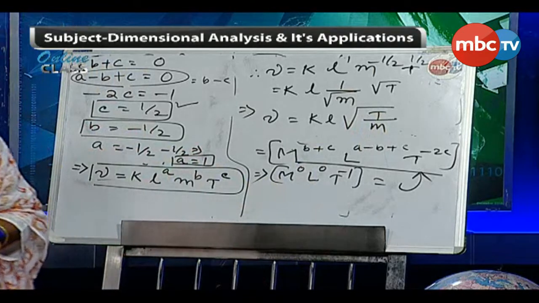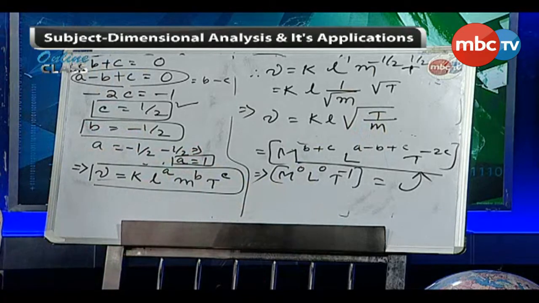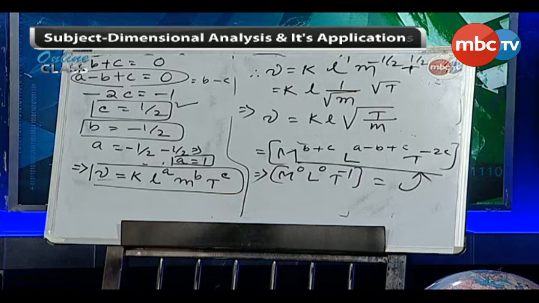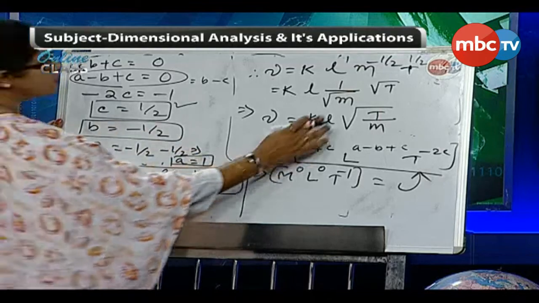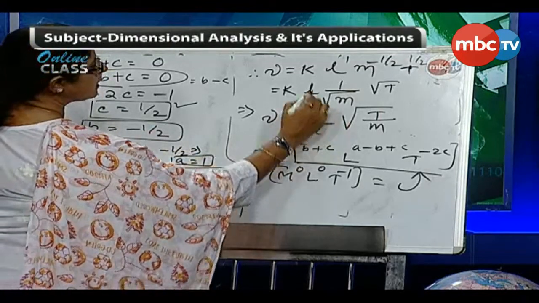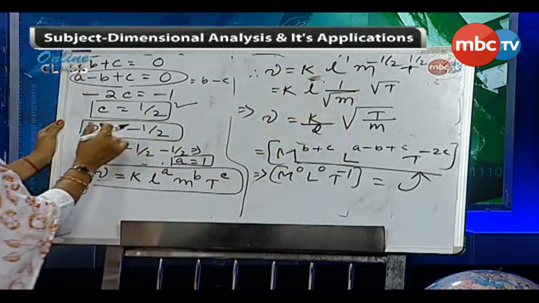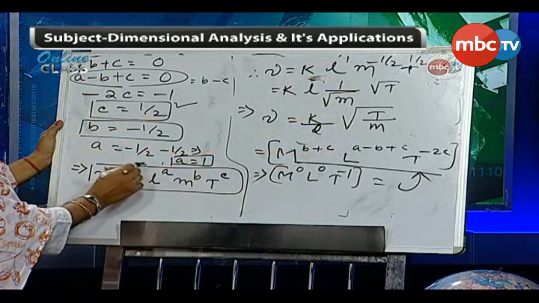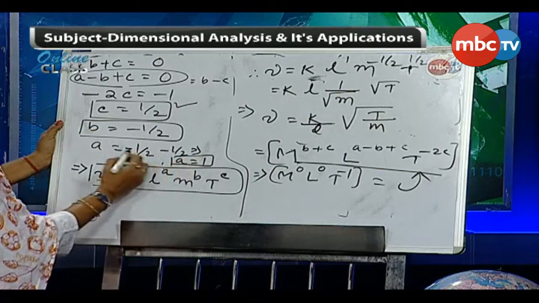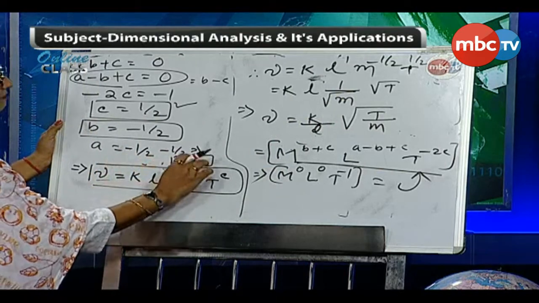Next. One second. The value of L should not come like this, it should be K by L, L should be to the power -1. Let me check the A value. Oh sorry, not minus half, it's -1.